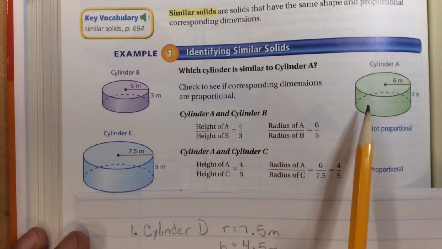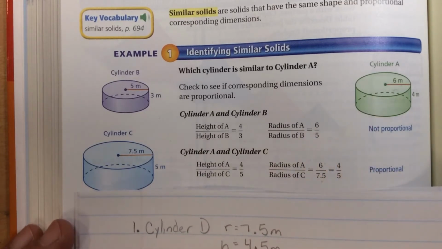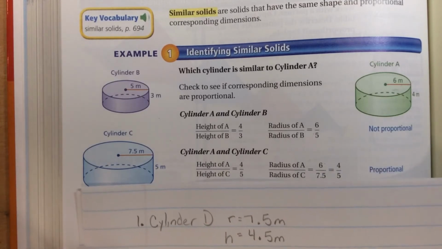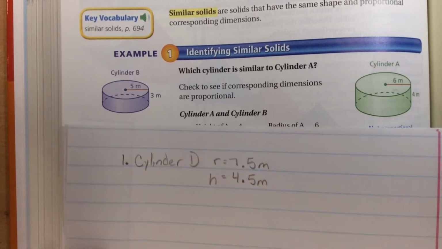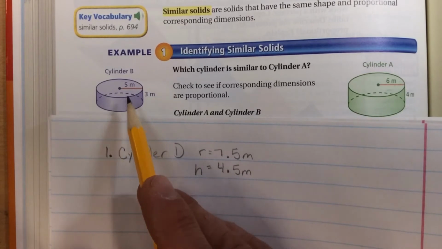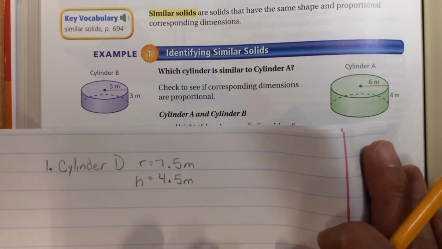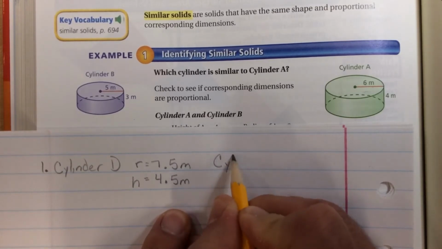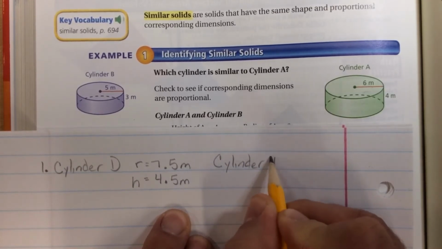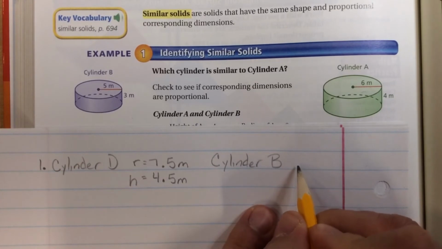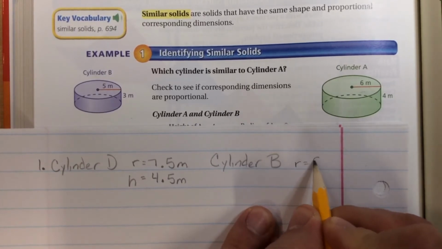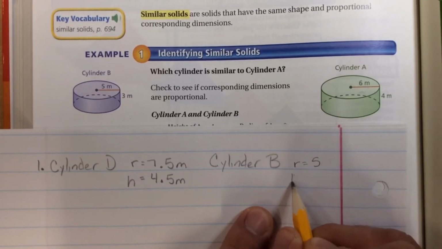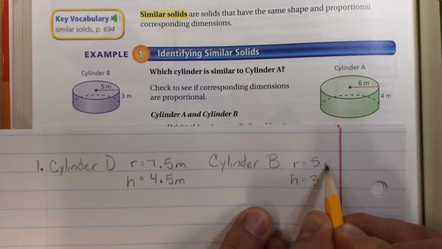So my guess, since they said it was only similar to which cylinder, singular, is it similar to, I'm guessing it's going to be B, but we'll give that a try just to double check here. So for cylinder B, we had a radius of 5 and a height of 3.